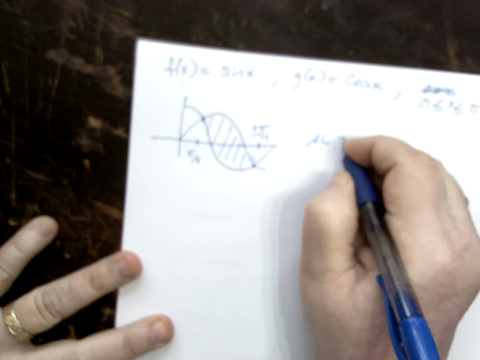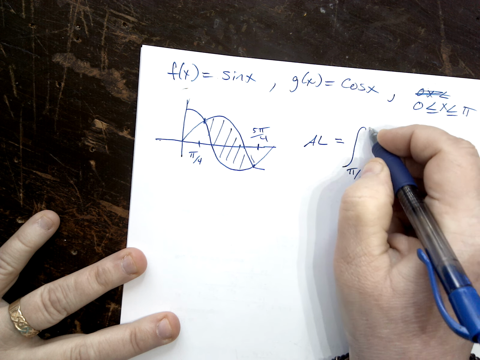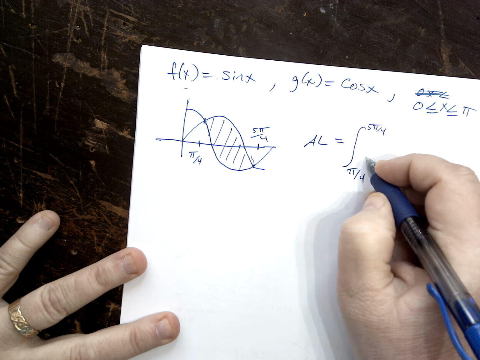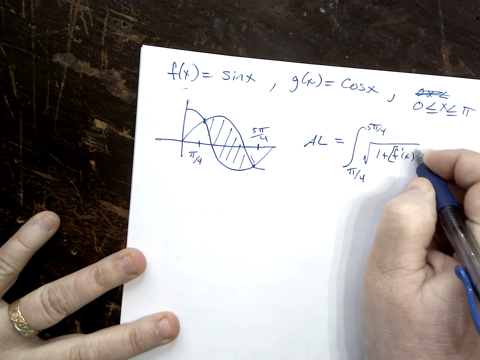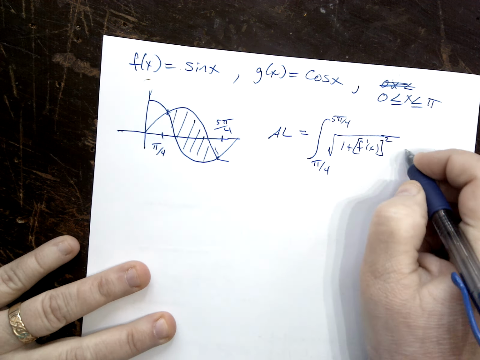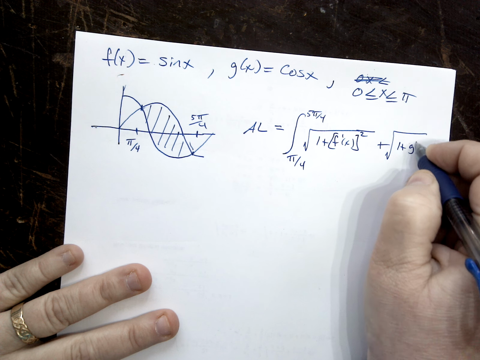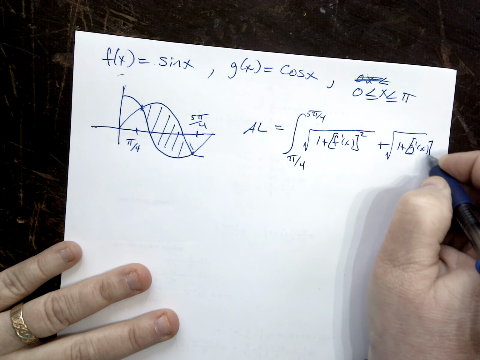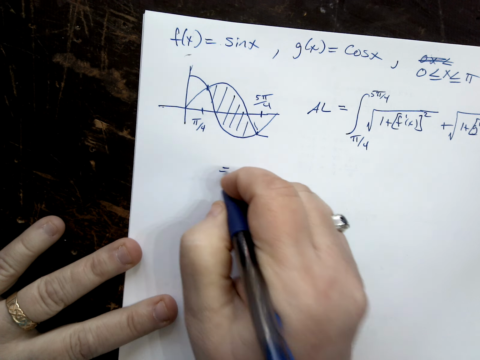So for my arc length, I would have the integral from pi over 4 to 5 pi over 4 of the square root of 1 plus f prime of x squared, plus the square root of 1 plus g prime of x squared dx.